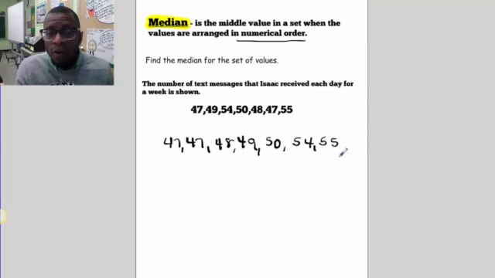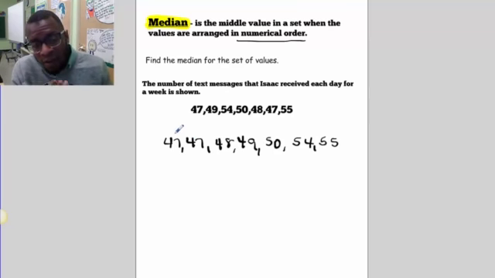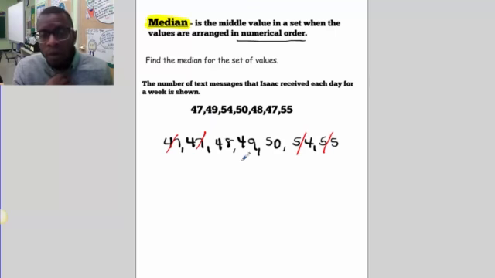Okay, and so what we want to do when we find the median is find what our central value is. So what I like to do is chop off one number from each end. Okay, and so we go here, and here, and here.